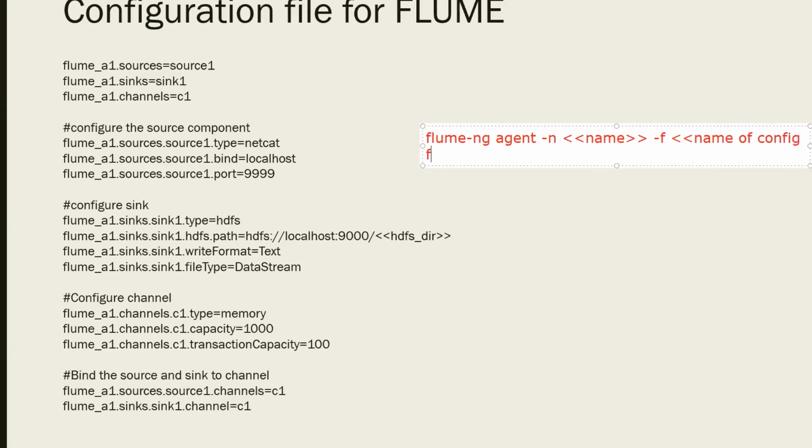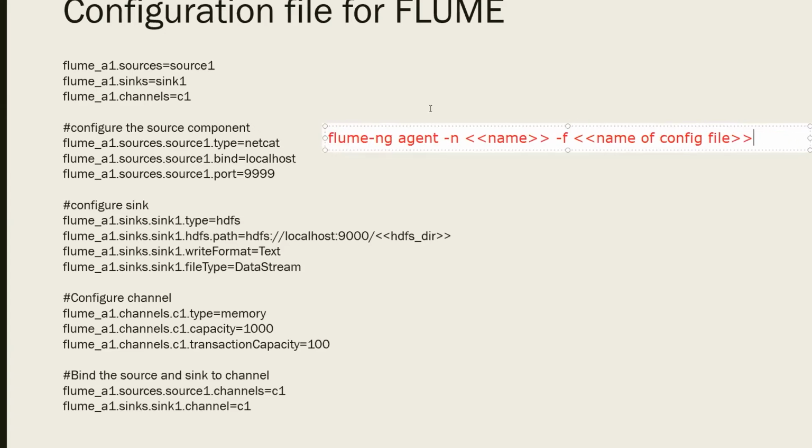When you do this, after you start running, it will start all your source, channel, and sink. Once it has started, you start sending the records from your source, and once you send the records through the channel, they will be absorbed and stored inside your sink layer.